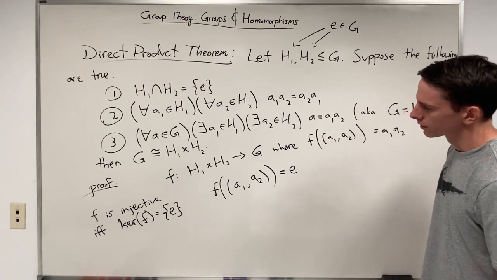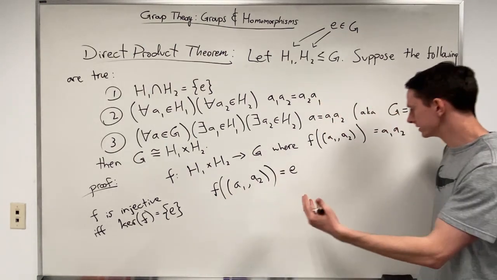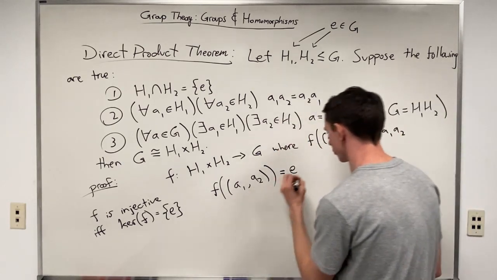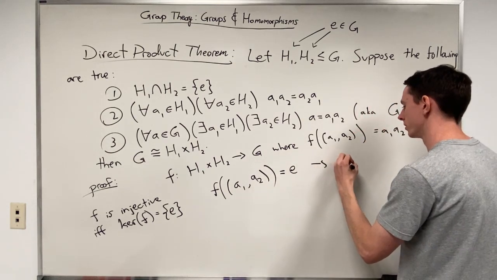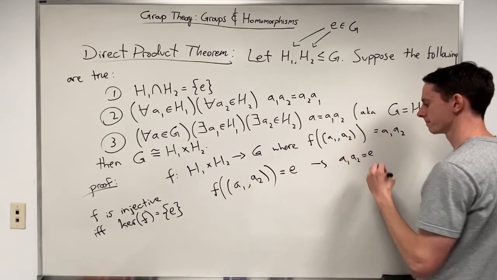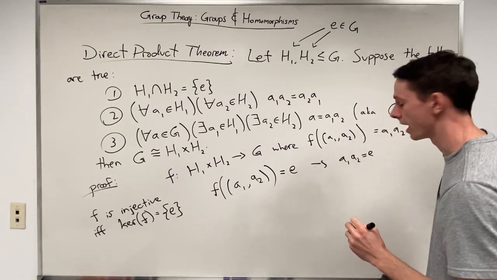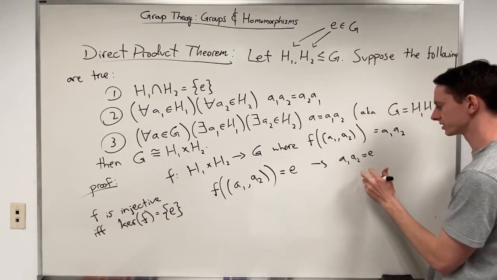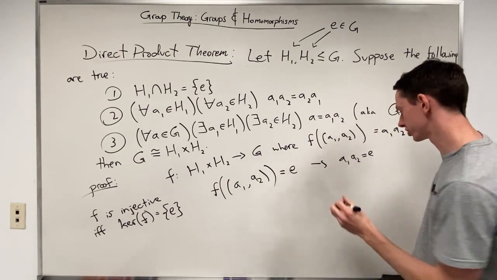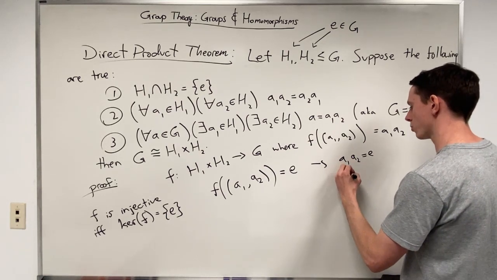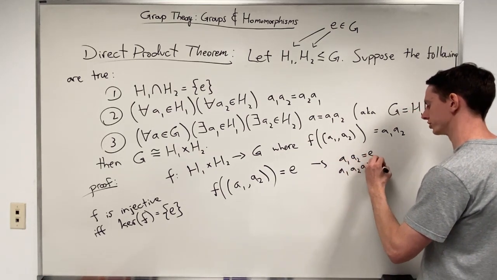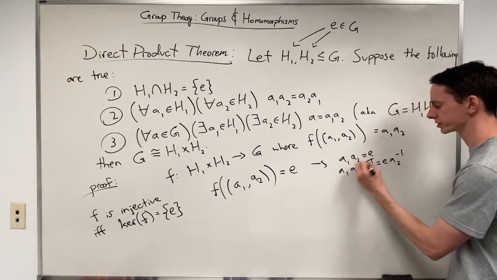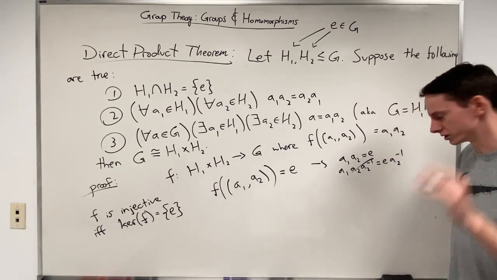All right. Now let's just apply what this function is according to its definition. f of the ordered pair is just the product. So another way of saying this is that the product a1 times a2 is equal to e. Now, since we know that groups have inverse elements, we can multiply both sides of this equation on the right by a2 inverse and get that a1 a2 a2 inverse equals e times a2 inverse. a2 and a2 inverse cancel, and e times a2 inverse is just a2 inverse.